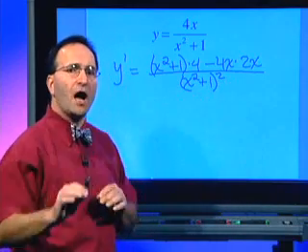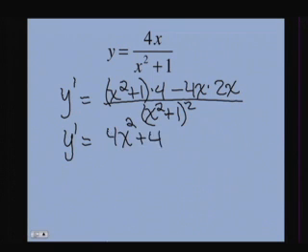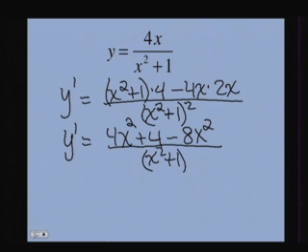If we look at the top of this and simplify it a little bit, we get 4 times x squared plus 4, minus 8x squared. We will leave the bottom as is, x squared plus 1 quantity squared.